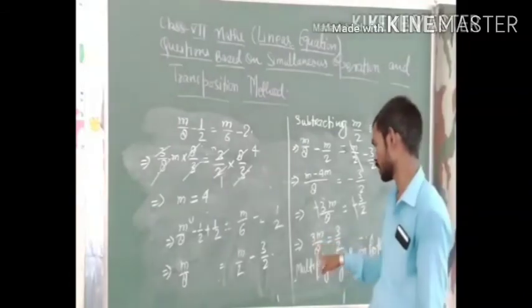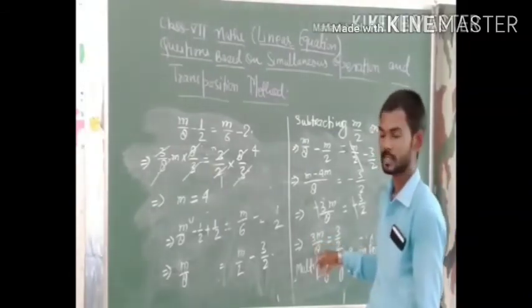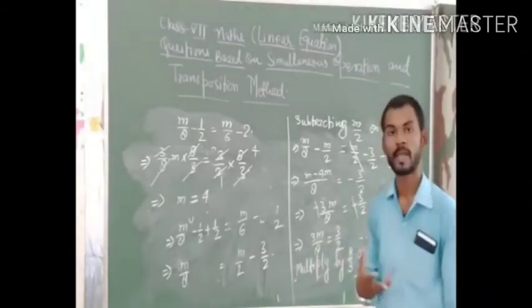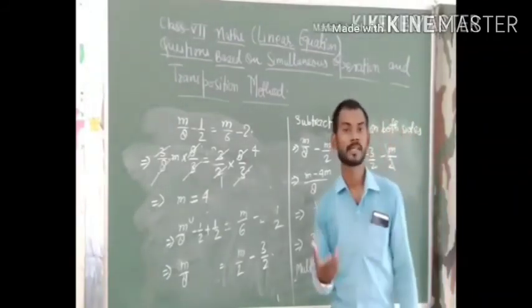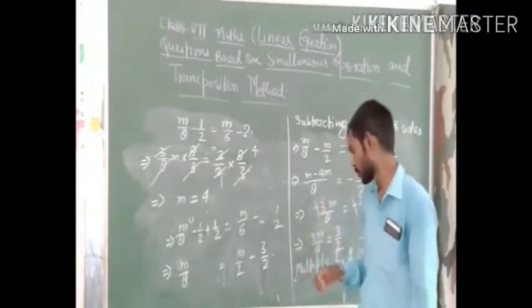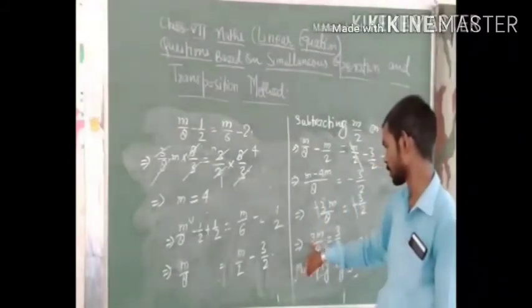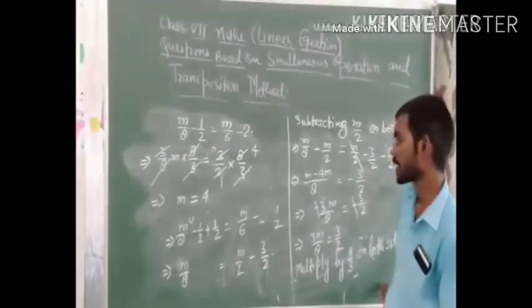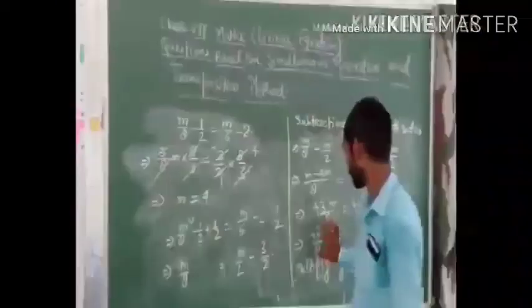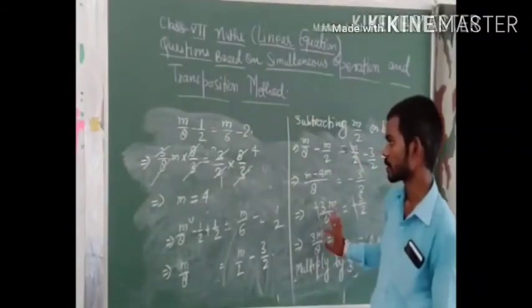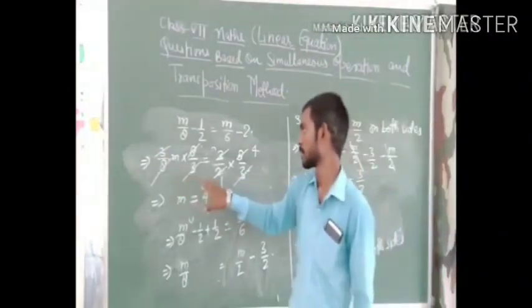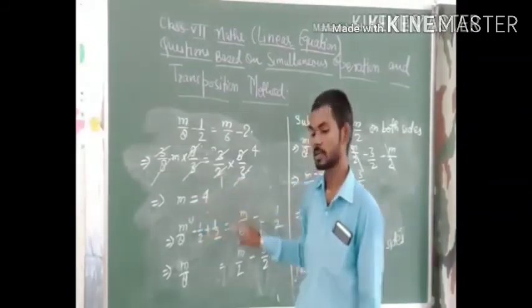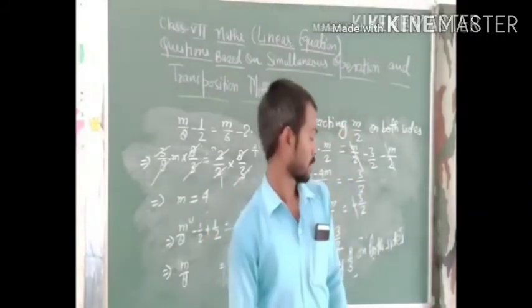We know that when a fraction is multiplied by its reciprocal it gives 1. So here we have multiplied the fraction into m by its reciprocal in this step. And when we solve it, we get the value of m.